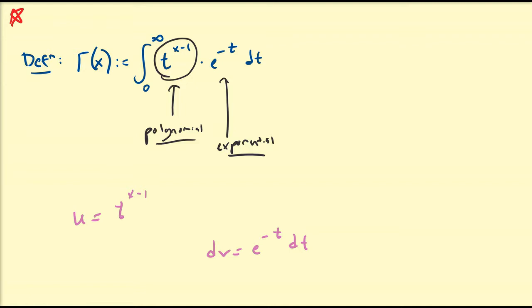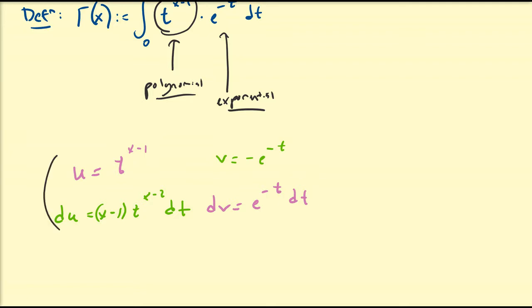So if this is true, then the derivative of u with respect to t is going to be equal to x minus 1 times t to the x minus 2 dt. And v is going to be equal to negative e to the minus t.